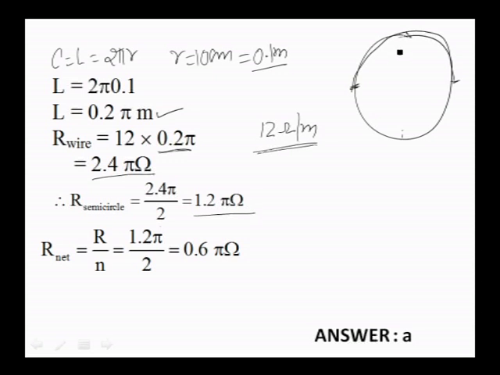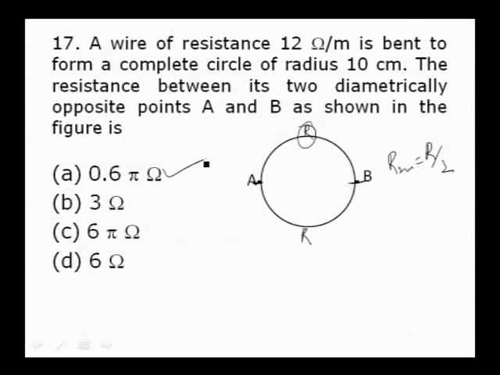So this is 1.2 pi and this is also 1.2 pi. These two are identical, so we can use R net equal to R by N. How many resistors are there? 1, 2, divided by 2. We get 0.6 pi ohm. Therefore, the correct option is A.